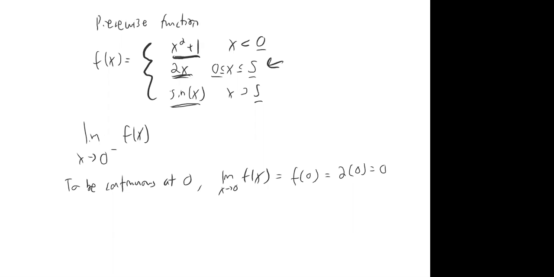But when I take the limit from the left, I'm approaching with numbers smaller than 0. So this is the limit as x goes to 0 minus of x squared plus 1, and this is 1. So you see, it's not continuous at 0. Because on one hand, this is even worse: the limit as x goes to 0 from the right, 2x, which is 0.